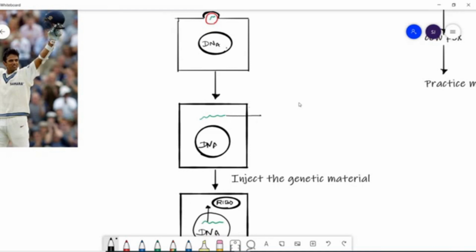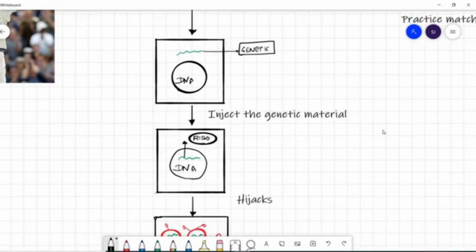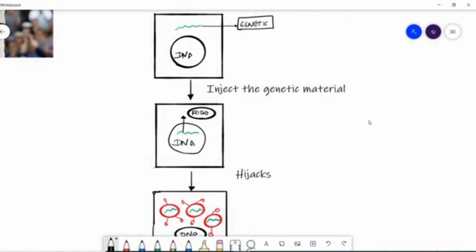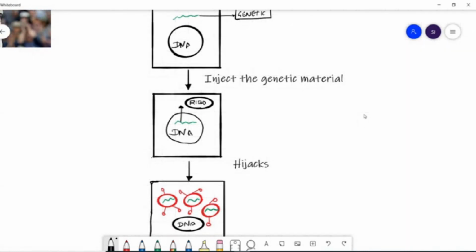The genetic material of the virus has been injected into your cell, and once this genetic material gets injected into the cell, it goes into the nucleus, and in that nucleus it makes use of the same transcription procedure which we have described right now.